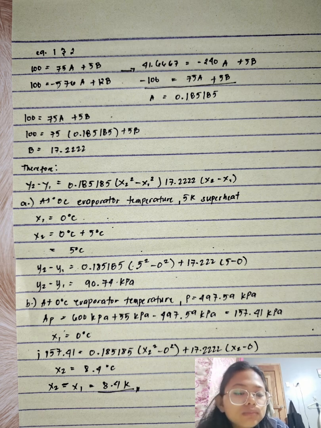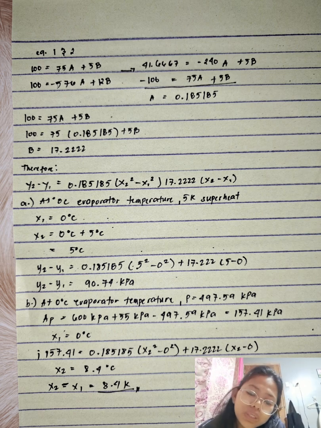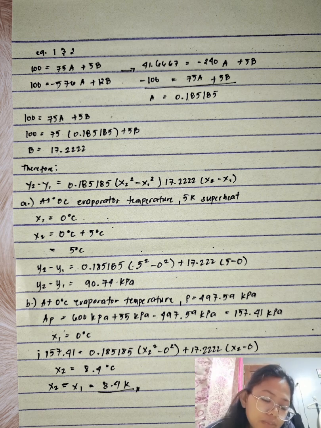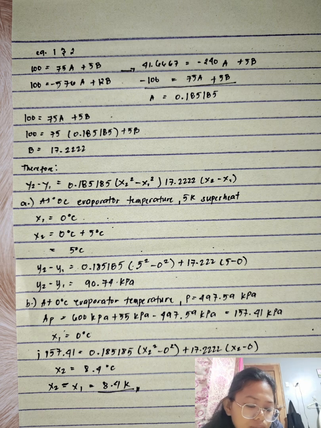Therefore, y sub 2 minus y sub 1 is equal to 0.185185 multiplied by x sub 2 squared minus x sub 1 squared, plus 17.2222 times x sub 2 minus x sub 1. So for A, at 0 degrees Celsius evaporator temperature, 5K superheat, x sub 1 is equal to 0 degrees Celsius, and x sub 2 is equal to 0 plus 5, which is 5 degrees Celsius.